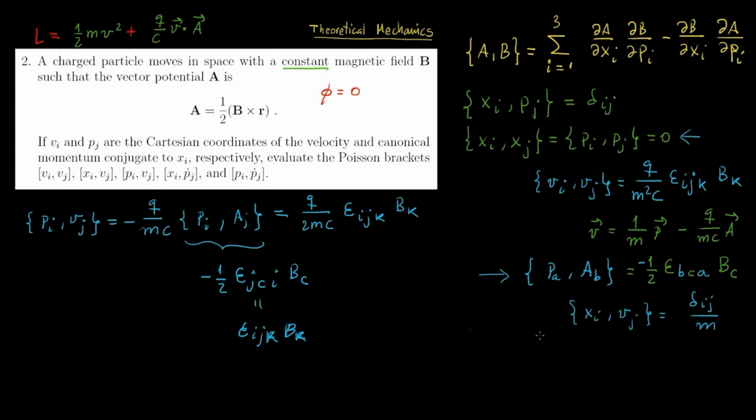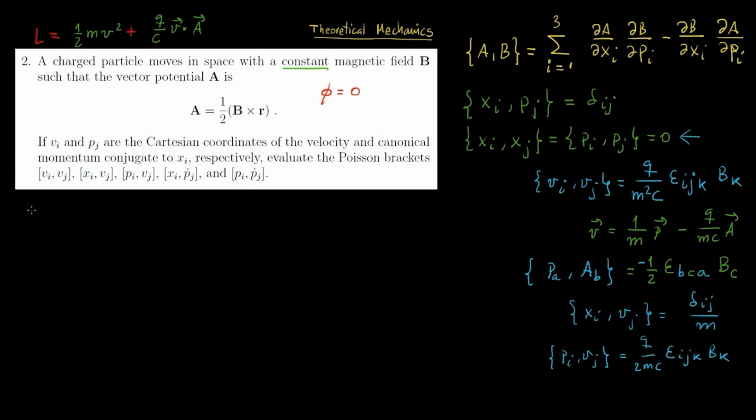So that's it. We copy here {p_i, v_j} equals q over 2mc epsilon_ijk v_k.